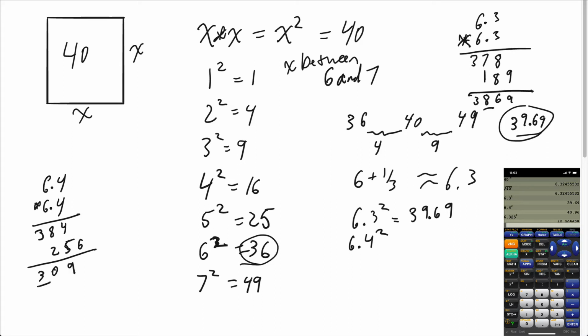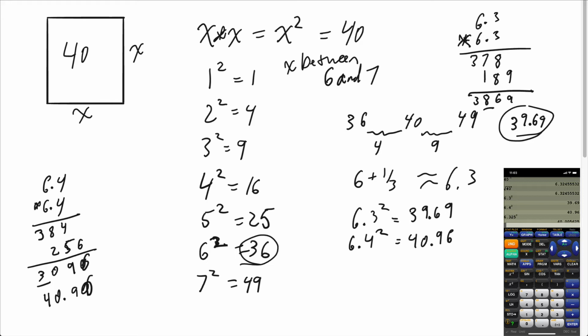That's a good sign because we wanted it to be over. We wanted to get to 40, so with the number in between, and we get the 6, and so this is 40.96. And verify that on the calculator. Times that. There we go. All right. So now we're at 40.96 and 39.69.